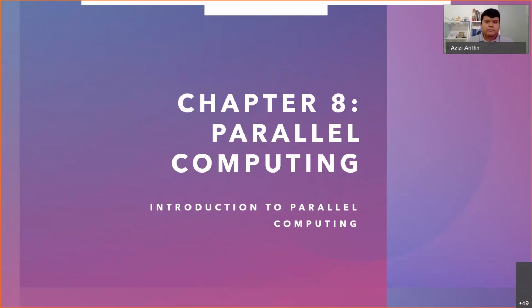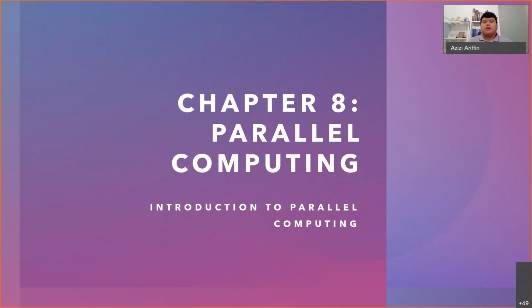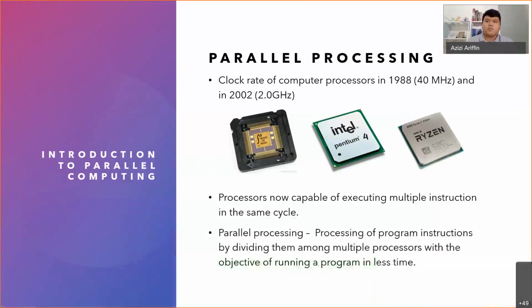So the first thing is the introduction to parallel computing. What is parallel computing? Some background or history: if you look at processors, for example the Intel i386 in 1988, the clock rate was 40 megahertz.